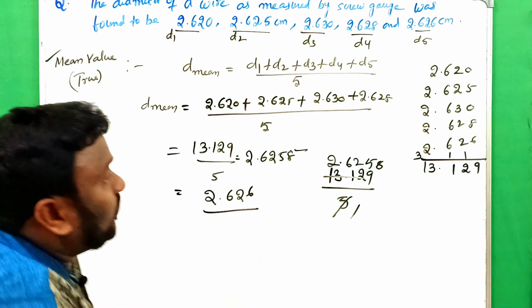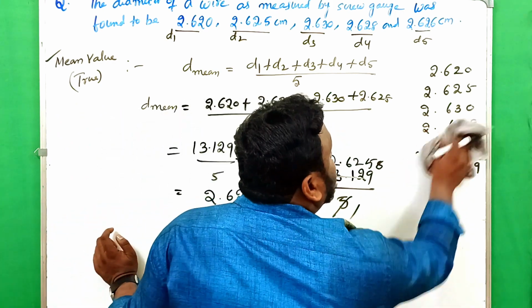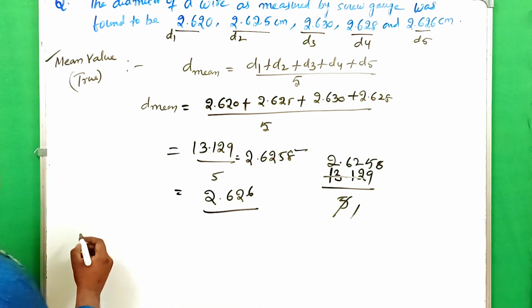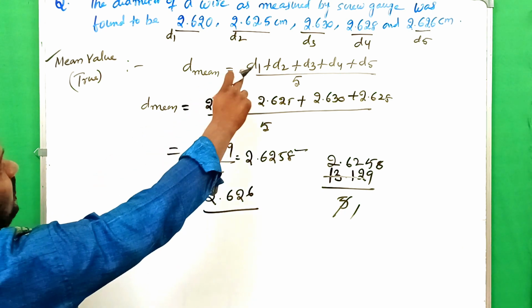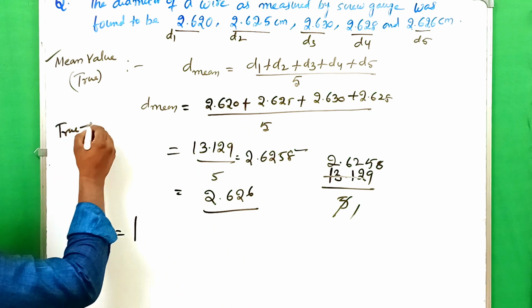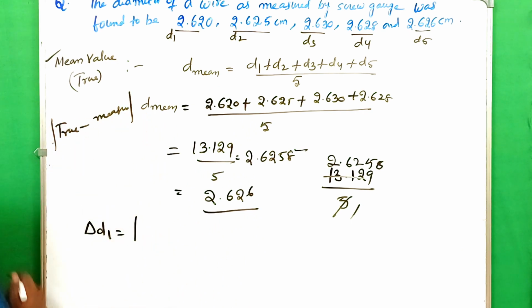And now we have to find the absolute error of each one. Here delta d1, what is delta d1? The absolute error of d1. What is the formula? Mod of true value minus measured value.